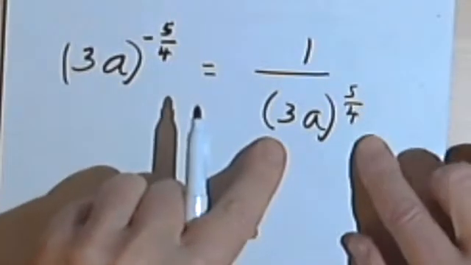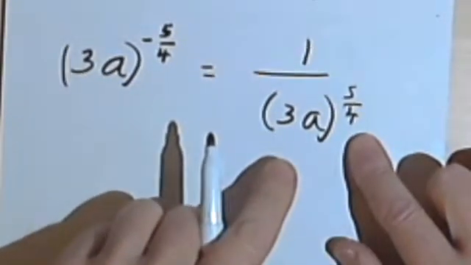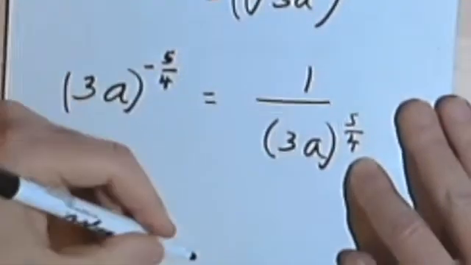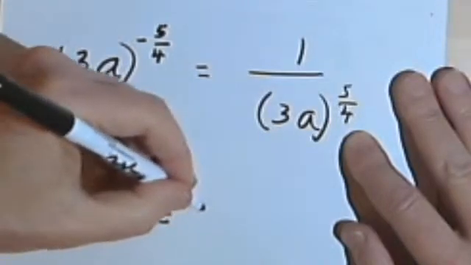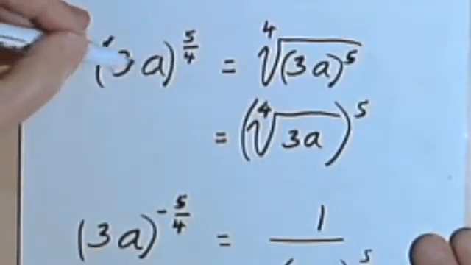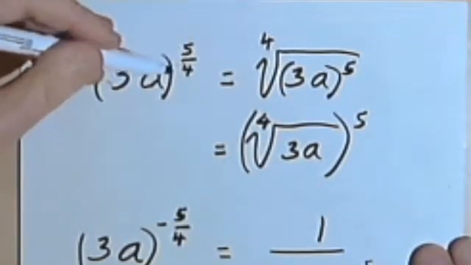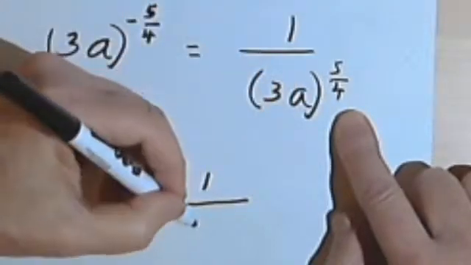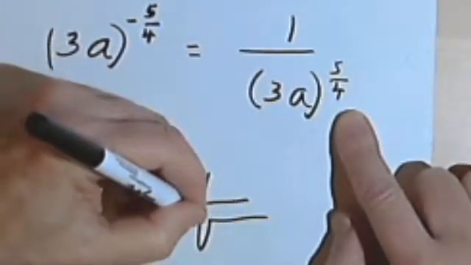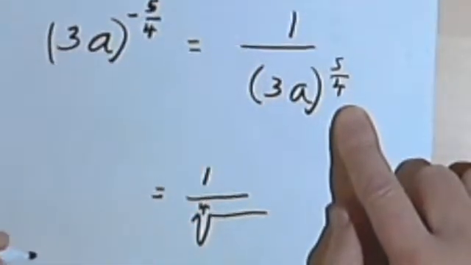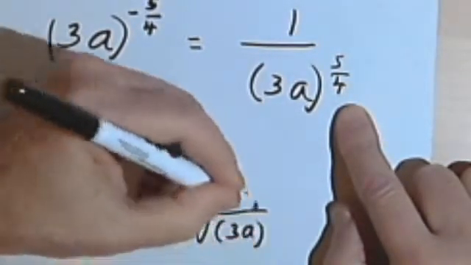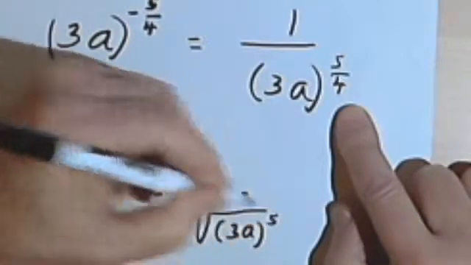Now once we've got 1 over 3a to the 5/4, the 1 is going to be the numerator of our answer. The denominator is just going to be whatever 3a to the 5/4 is, which we've done before. So we can do that two different ways. We can either write our radical sign, make the 4 the index, this is all in the denominator, and then put parentheses under the radical sign with a 3a, and raise that to the 5th power.